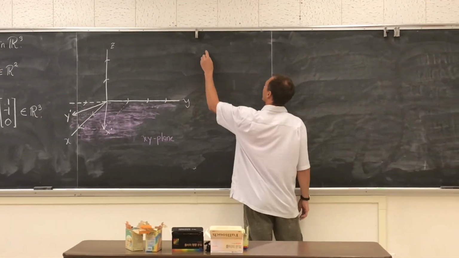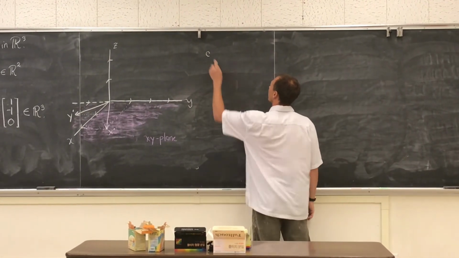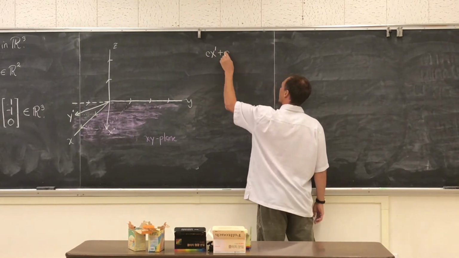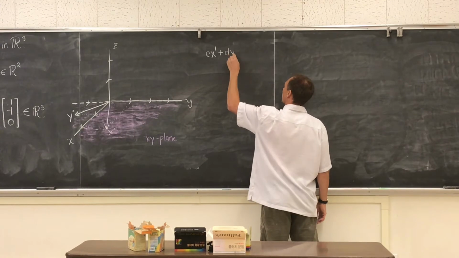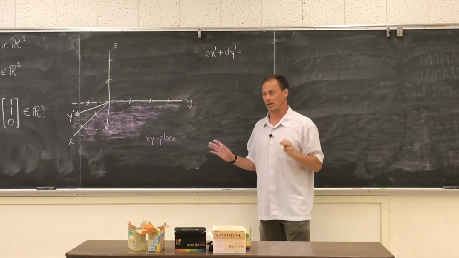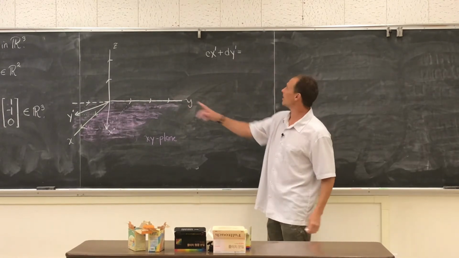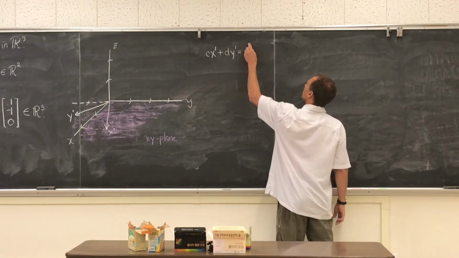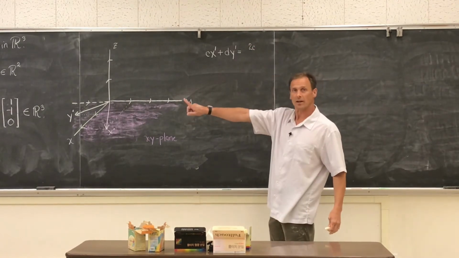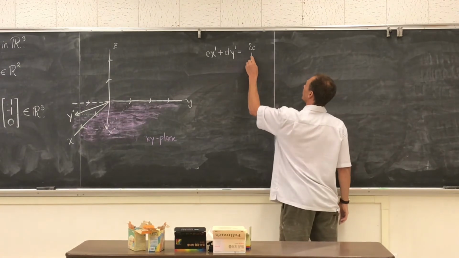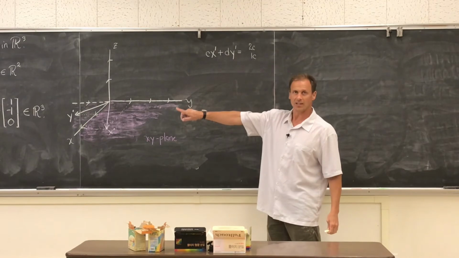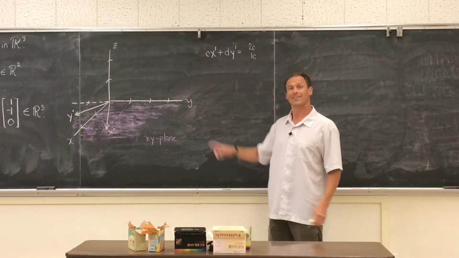So if I take some scalar c, and multiply it by x prime, and then take my scalar d, and multiply it by y prime, we're going to do this a little more quickly here. If I take c times 2, that would be 2c. If I take c times 1, I get 1c. And then the last one is the important part. If I take c times 0, what do I get? I get 0.